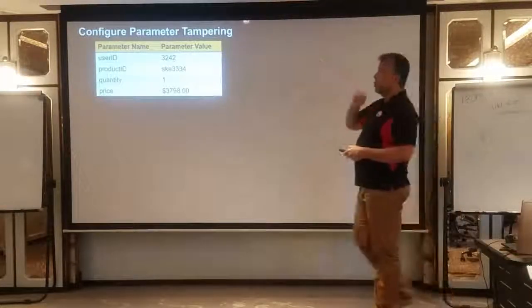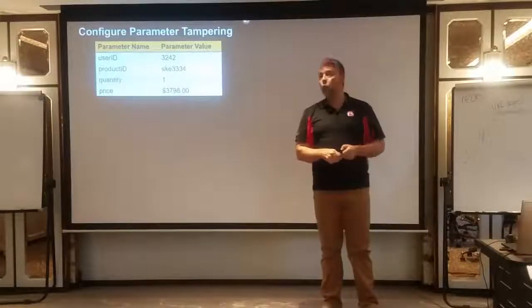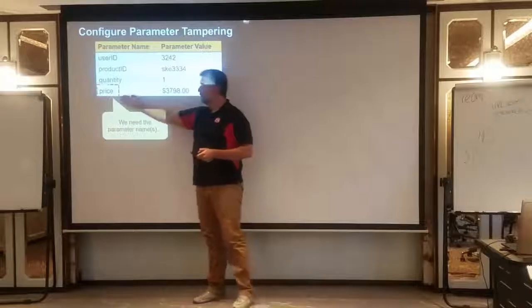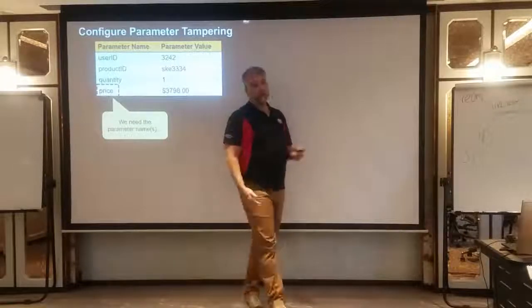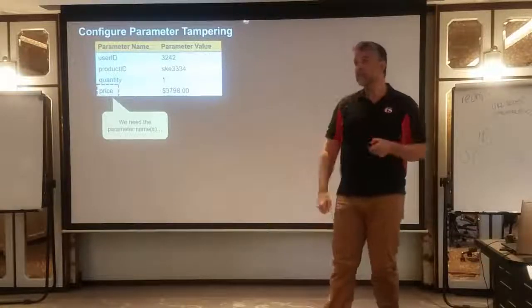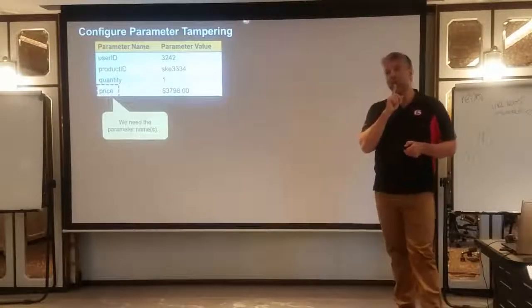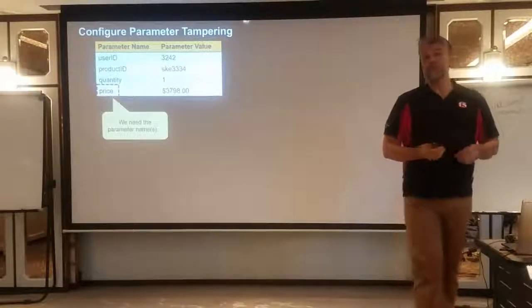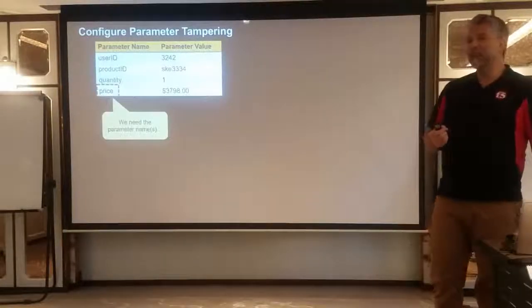To configure the protection, all we need to know is which parameters we need to protect, which parameter values are at risk of being changed. And we need to know one other thing. ASM's a very good product, it's a very smart product, but it's not a magic genie.